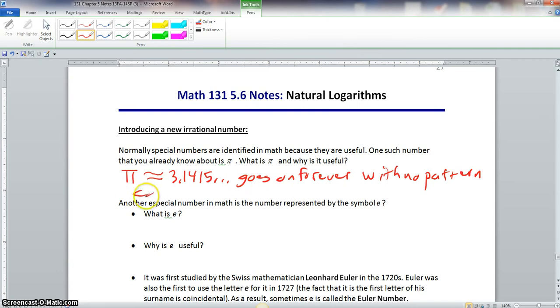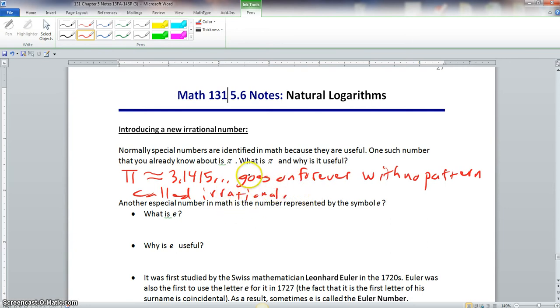And it's called irrational. Remember, irrational numbers are decimals that go on forever and they do not terminate and they do not repeat.